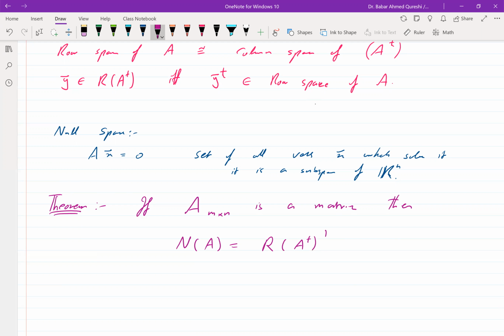The orthogonal complement of the column space of A transpose is equal to the null space of A.